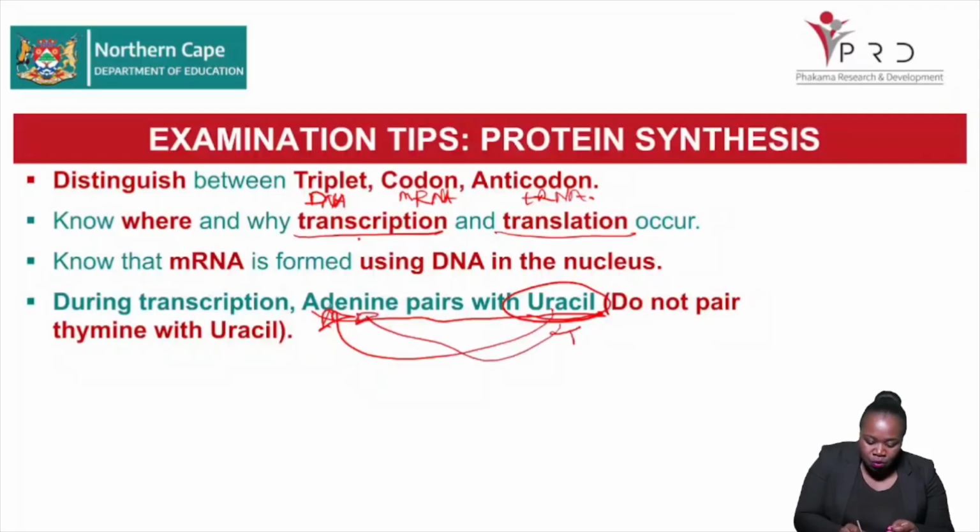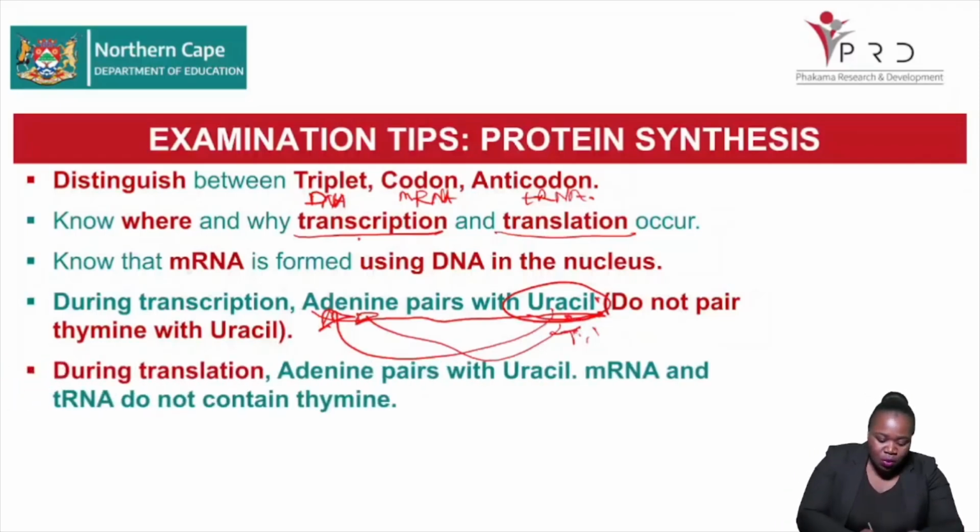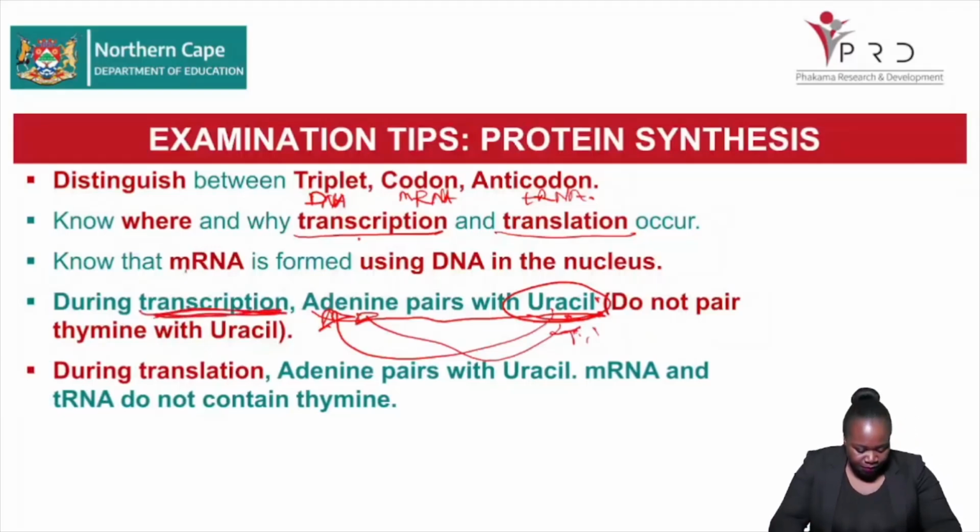So you should not say that wherever you see uracil, you pair it with thymine. Wherever you see adenine, you pair it with uracil instead of thymine, especially when you are transcribing from DNA to RNA.